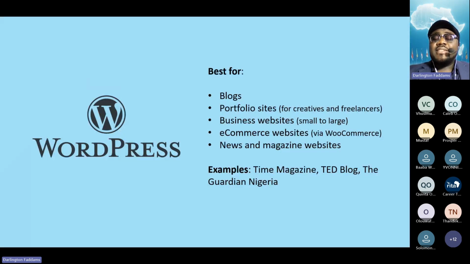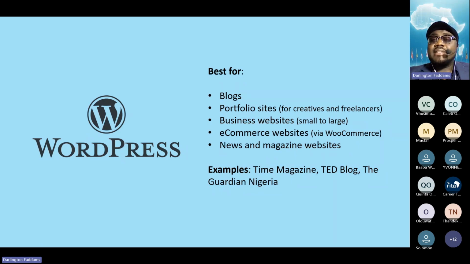Now, WordPress is good for e-commerce sites. So if you have e-commerce sites, you just install WordPress, install your theme, and install a plugin called WooCommerce. WooCommerce. Please type that in the chat for me. WooCommerce. WooCommerce. We only use WooCommerce for any website that has e-commerce or any selling feature.